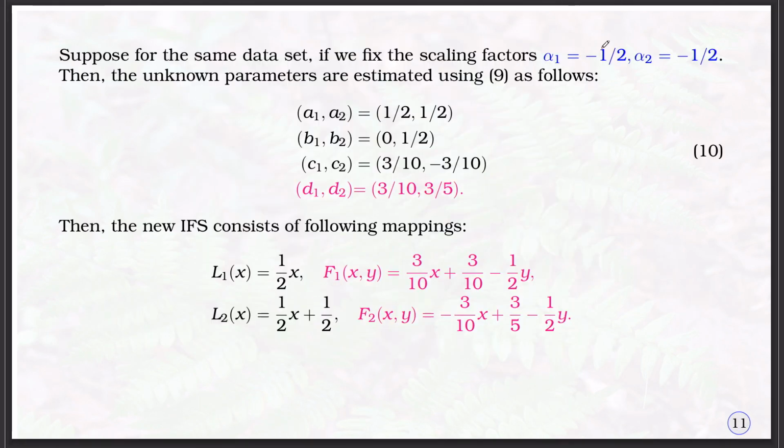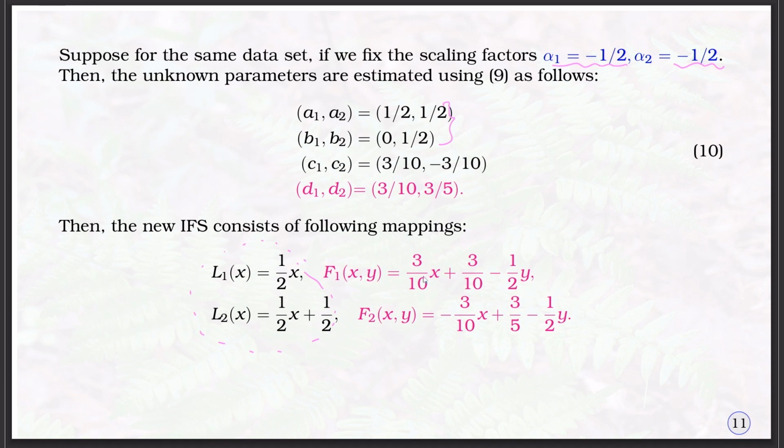Now you can check if I change alpha to minus 1 by 2 and plus 1 by 2. Because the alpha value creates the effect in the y direction, there is no change in the Li function.